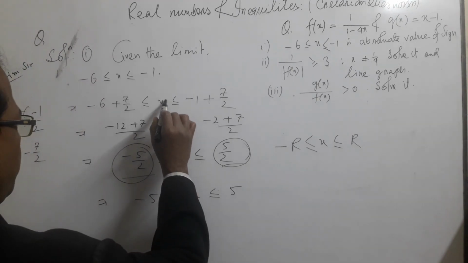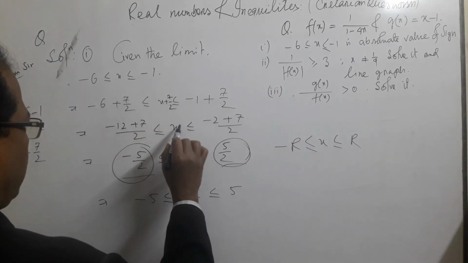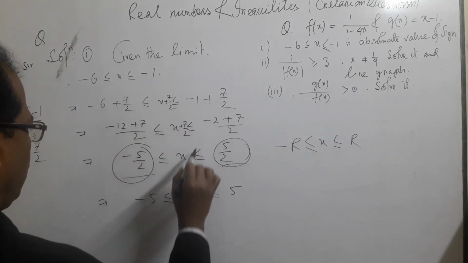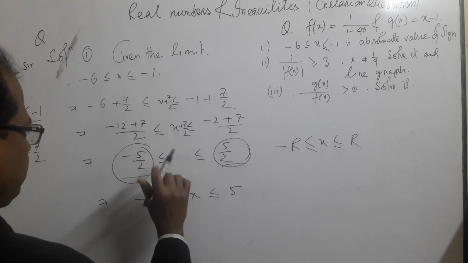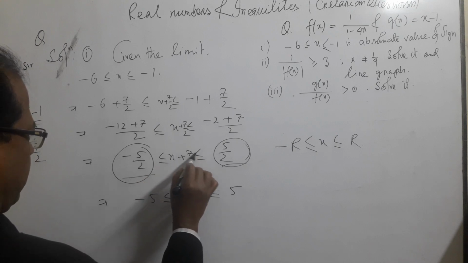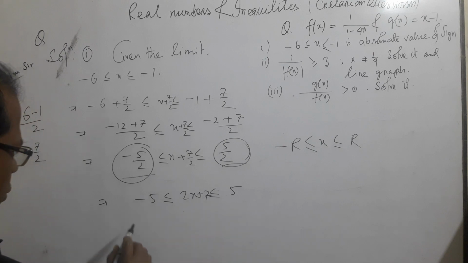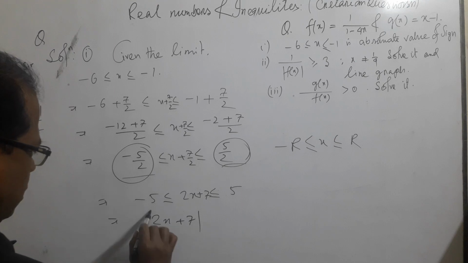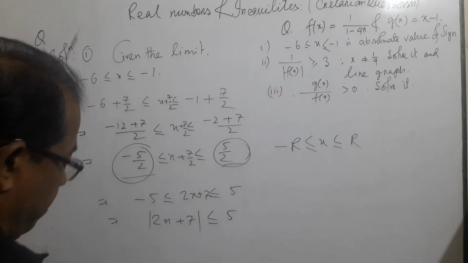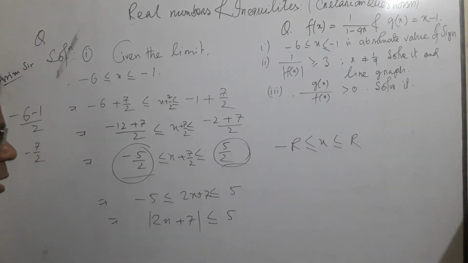This is the sum of the problem, 7 divided by 2 and 7 divided by 2, and x plus 7 divided by 2. So that implies modulus of 2x plus 7 less than or equal to 5.